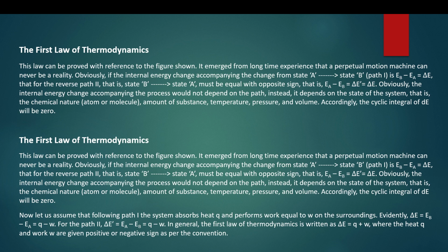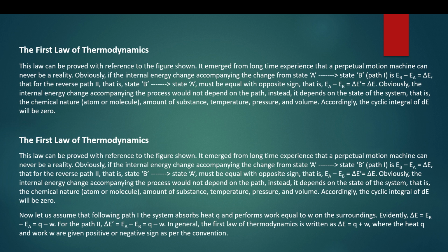Obviously, if the internal energy change accompanying the change from state A to state B, that is path 1 shown in the figure, is EB minus EA equal to delta E, then for the reverse path, that is path number 2, from state B to state A, it must be equal with opposite sign, that is EA minus EB equal to delta E prime, which must be equal to minus delta E.